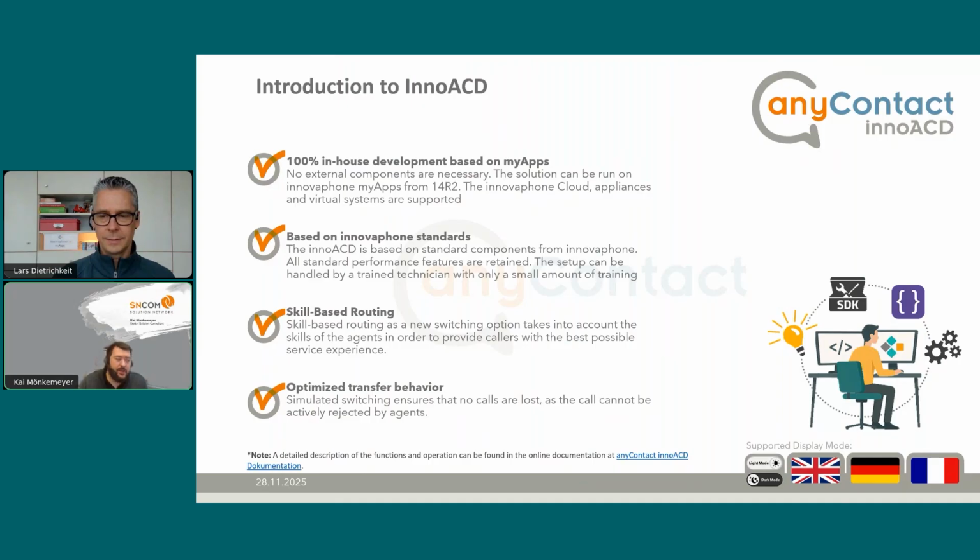So what do we add with anyContact innoACD? We will add skill-based routing, and features around skill-based routing, so you can make sure that the fitting call is matched to the best agent available. And for that, we will have an optimized transfer behavior, which we will talk about a little bit more later on.